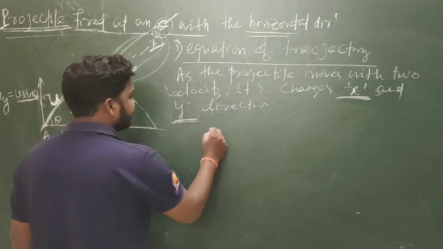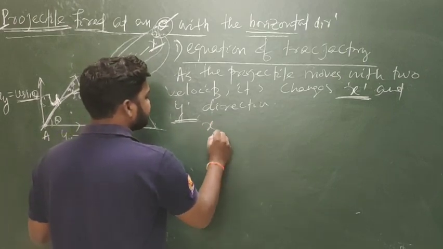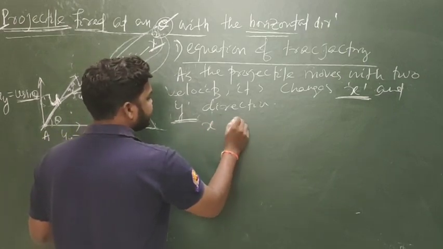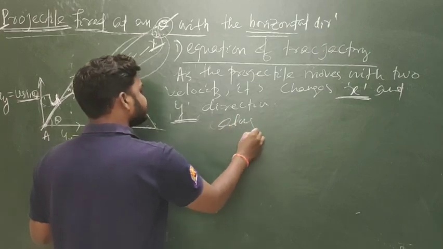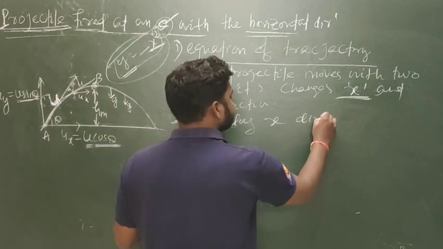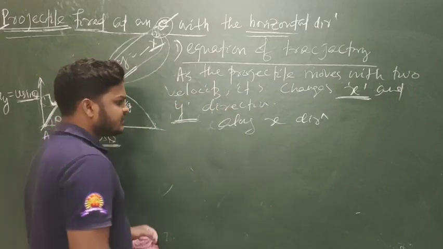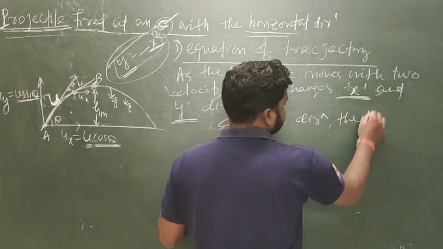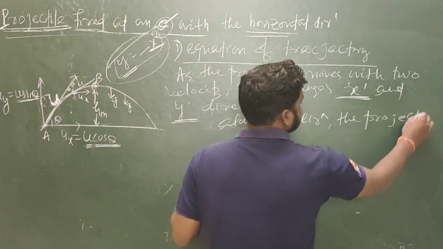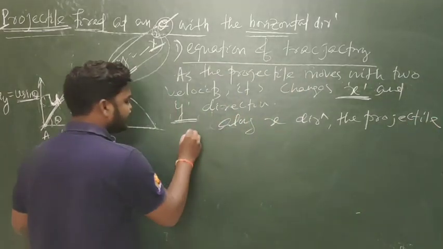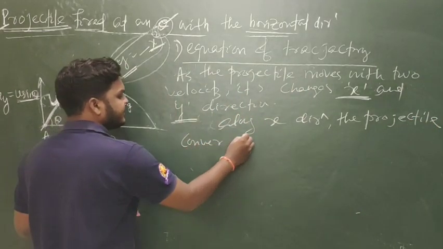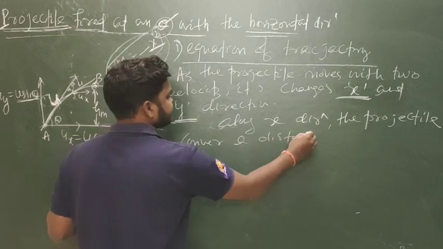So first we calculate in the x coordinate. Along the x direction, the projectile covers a distance x.